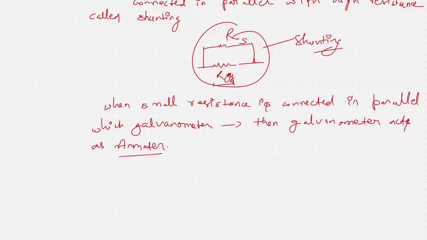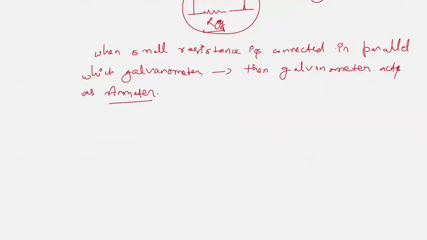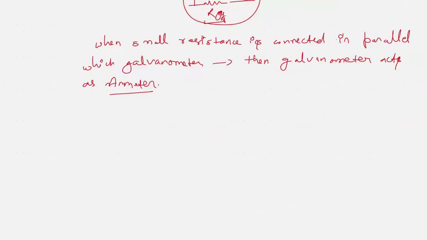What is an ammeter? A device which measures the current. Okay, let's see now how it actually measures the current. Assume that there's a maximum current. The galvanometer will be like a simple meter, which will be shown like a circle over here.